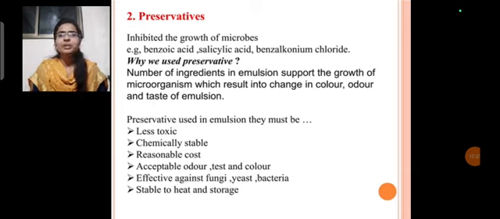They must have the following ideal properties. The preservatives are less toxic, chemically stable, reasonable cost, with acceptable odor, taste and color. They are effective against fungi, yeast and bacteria, and stable to heat and storage conditions. These are the ideal properties of preservatives.